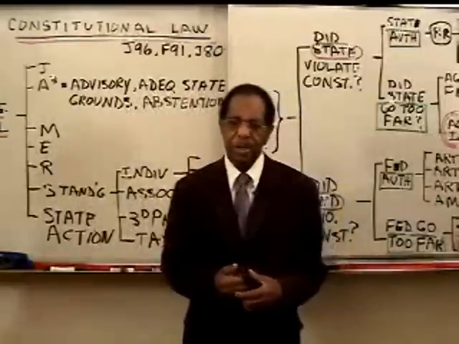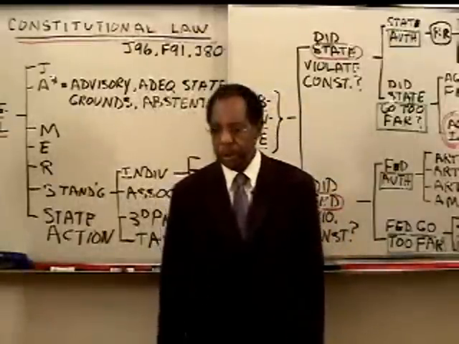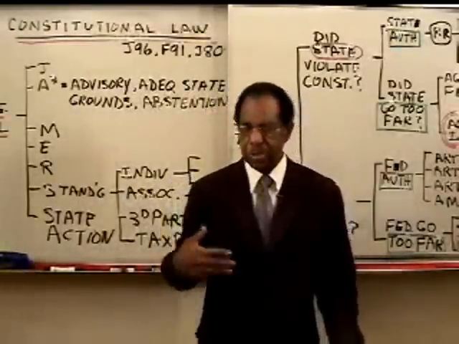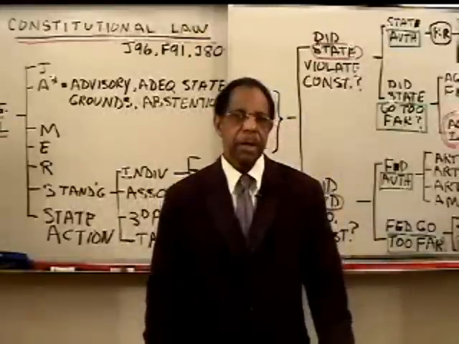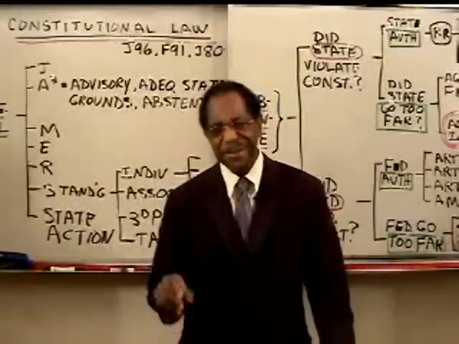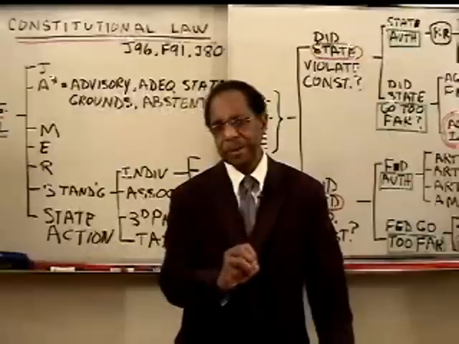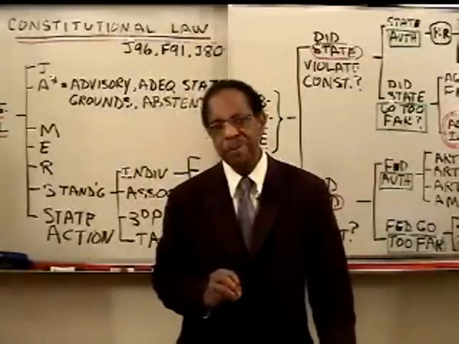And so you need the state doing it. The situations that you come across sometimes raise the question of whether or not the individual who did the bad thing really is representing the state.